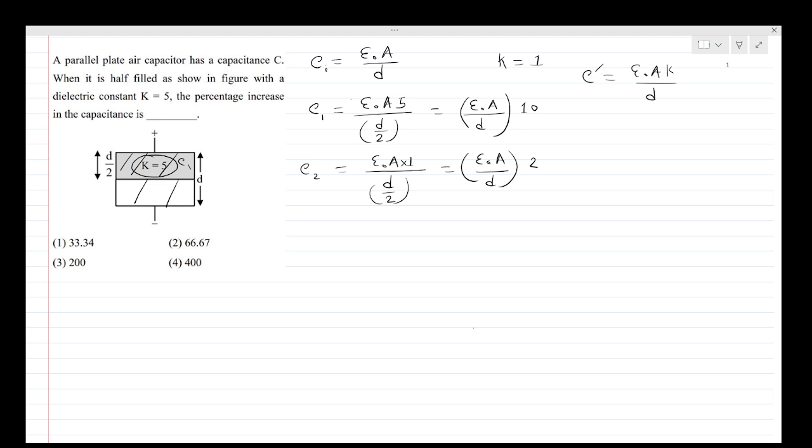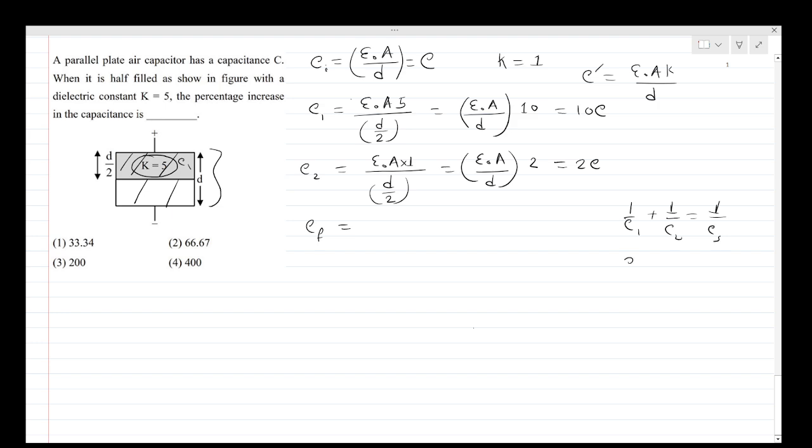So for the simplicity of the calculation we can put epsilon naught A by D equals to C. So it will be 10C, it will be 2C. Now we can see that C1, C2, they are connected in series. So if they are connected in series, then as you know, for a series connection, 1 by CS equals 1 by C1 plus 1 by C2.